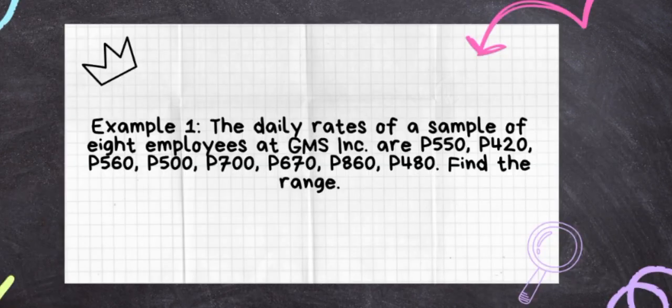For example, the given data is the daily rates of a sample of 8 employees at GMS Incorporation: 550 pesos, 420 pesos, 560 pesos, 500 pesos, 700 pesos, 670 pesos, 860 pesos, and 480 pesos. So, paano nga ba natin mahanap o makukuha ang range?